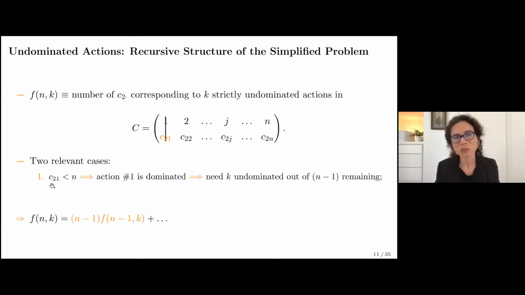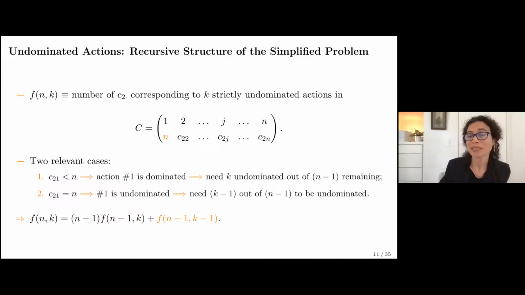Now, there are n-1 options for C21 to be lower than n. So this contributes to our calculation this term here, n-1 times f of n-1, that corresponds to the restricted game, and we'll have to find k undominated actions there.